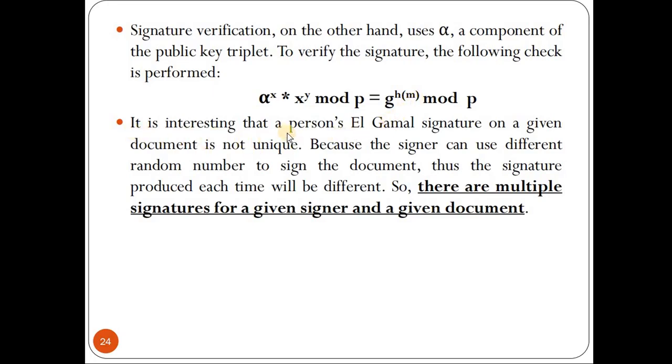It is interesting that a person's ElGamal signature on a given document is not always unique, because the signer can use a different random number to sign the document. Thus the signature produced each time will be different. So there are multiple signatures for a given signer on a given document.